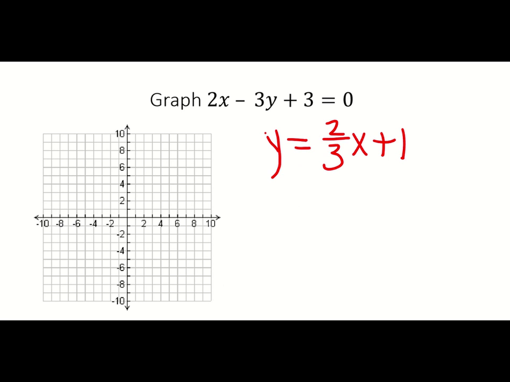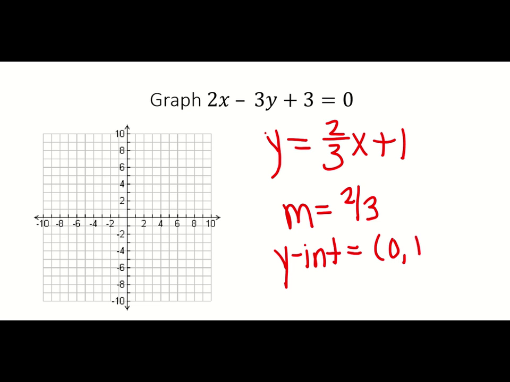So the last thing we want to do is graph 2x minus 3y plus 3 equals 0. So we're going to use our slope-intercept form, y equals 2/3 x plus 1, to identify that our slope is 2/3 and our y-intercept is at the point 0, 1.